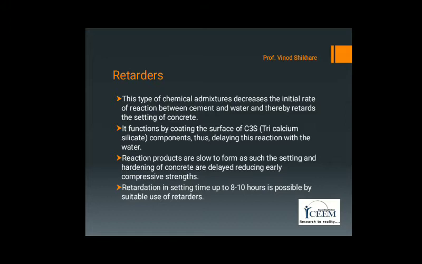The unhardened matrix can be just washed off by a jet of water, which will expose the aggregates. The above are some of the instances where a retarding agent is used.